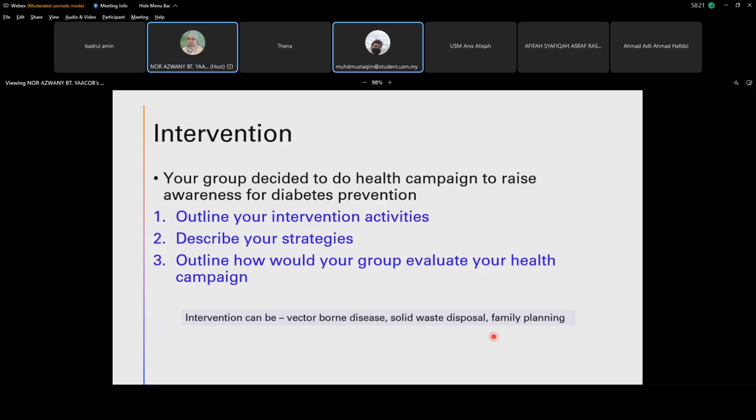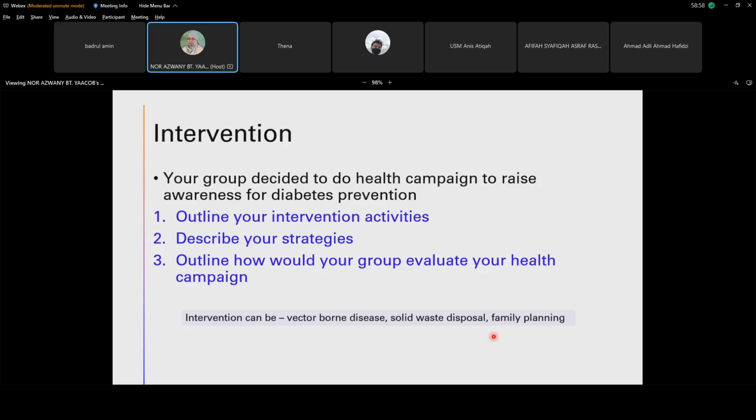So at least the activity must be described a little. For example, you cannot just write, we are going to do a static exhibition, full stop. Say, a static exhibition which covers healthy lifestyle, how to improve physical activity, how to have a healthy diet. You have to explain a little. It's called an essay. But if it says list or state, then it's just one or two, because the marks are usually 3 marks only.